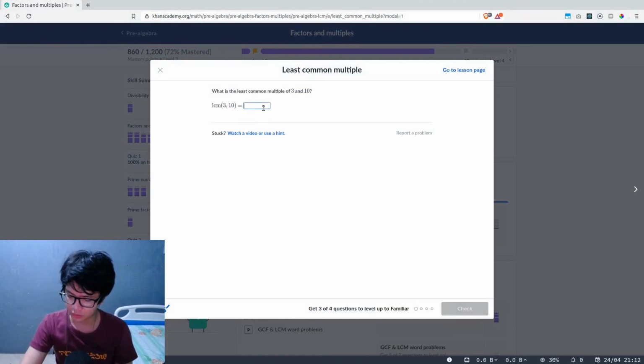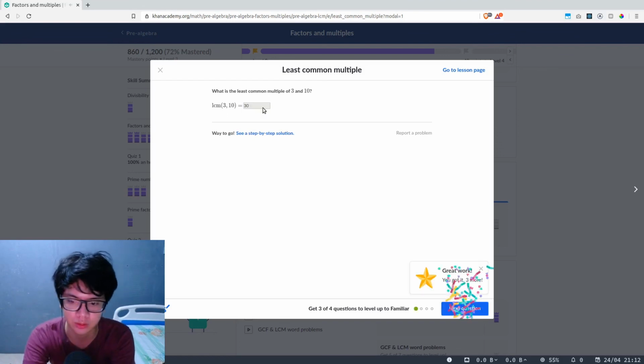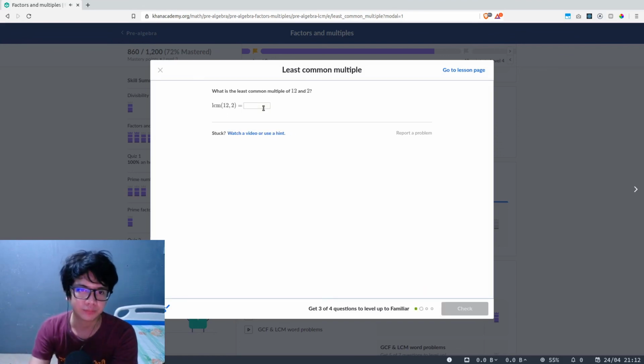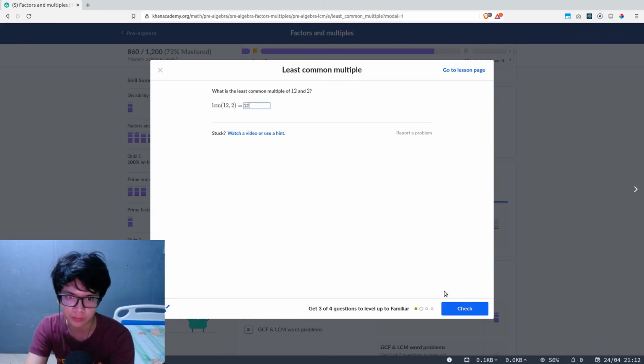10 is 2 and 5, and 3 is just 3. So 2, 5, 10, 30 is going to be 30. 12 is 2 already, so 2, 6. Let's see here. Oh, it's going to be 12. 4, 4, and then like... Wait, what?